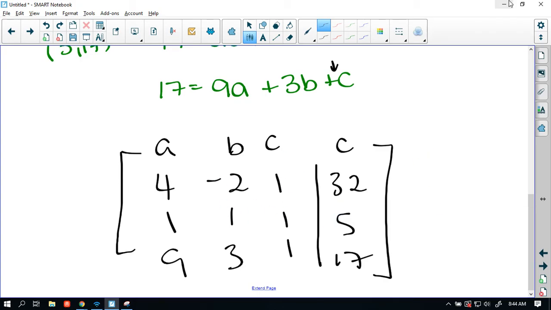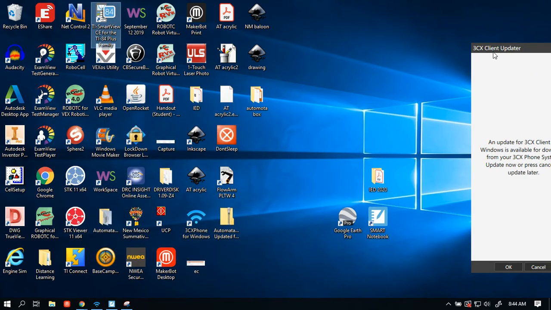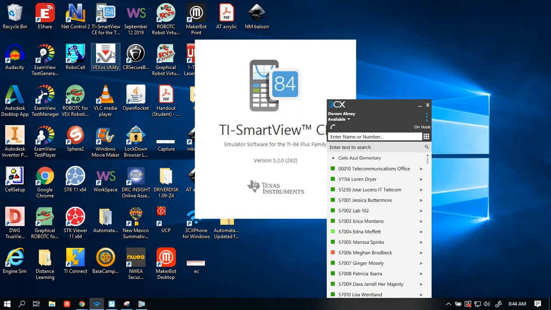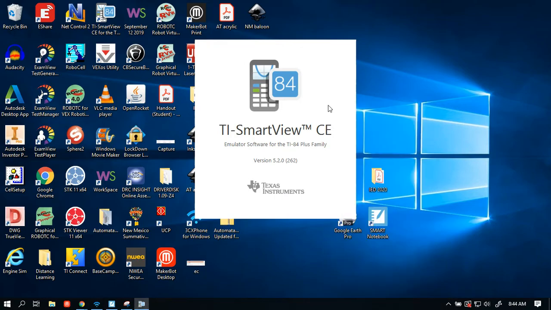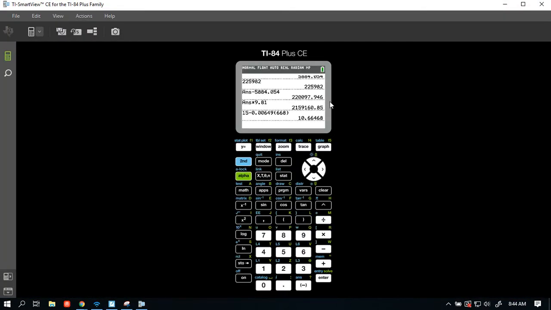Going over to my calculator, which I do not have up right now, so let's open that up. We'll open up my handy dandy calculator. That sign says that my calculator is now connected.